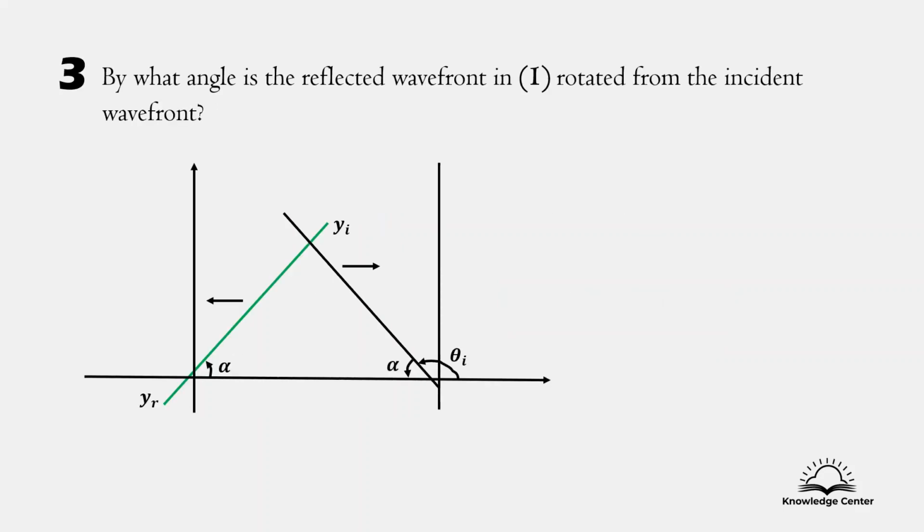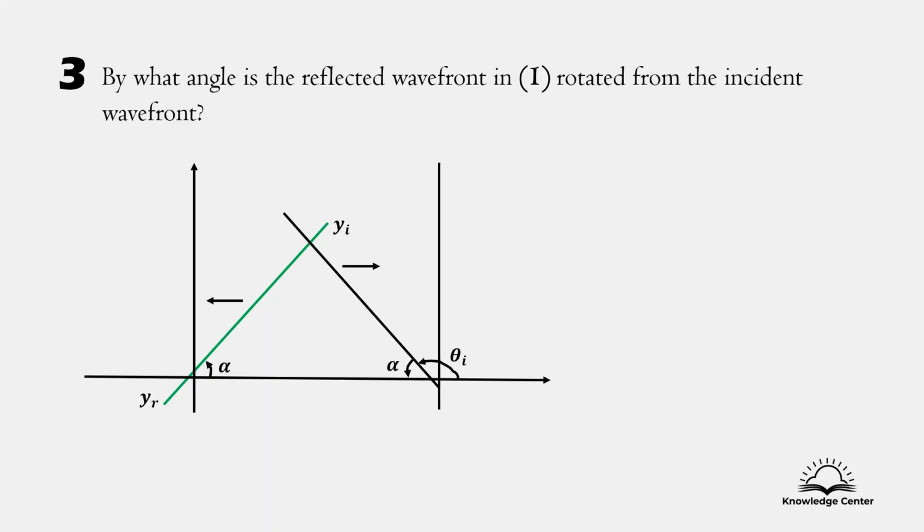Question 3 requires that we find out by what angle the reflected wavefront is rotated from the incident wavefront. We're going to make use of our horizontal axis as our reference point, so that we can measure direction in terms of angular displacement from the horizontal axis.